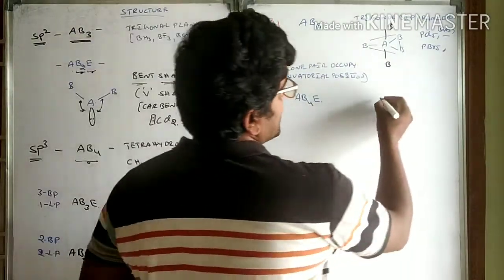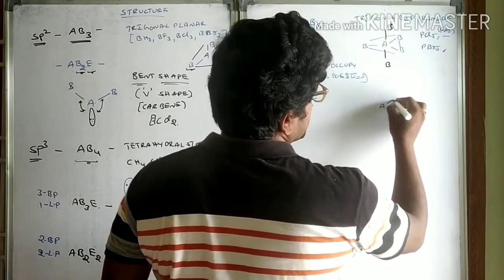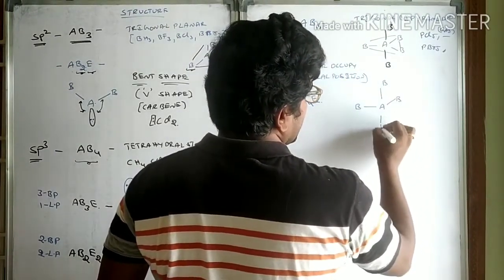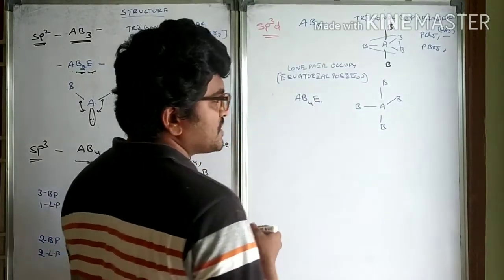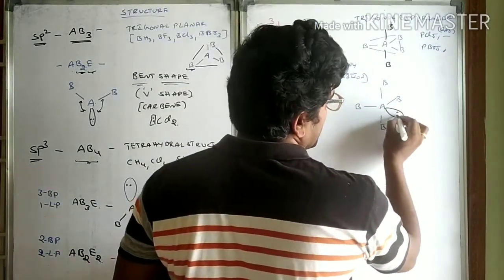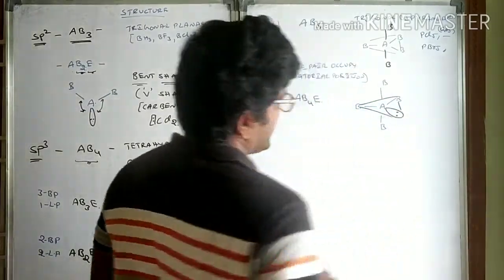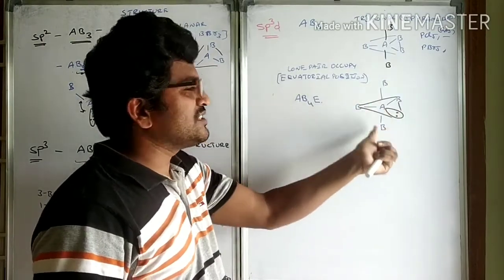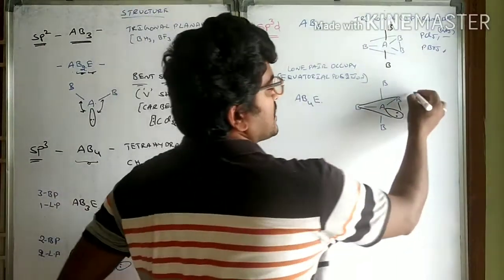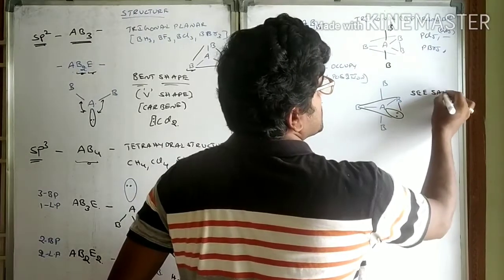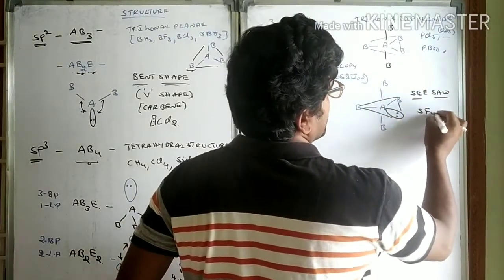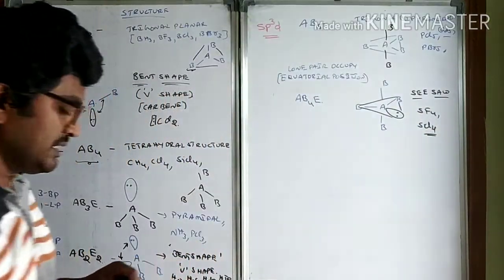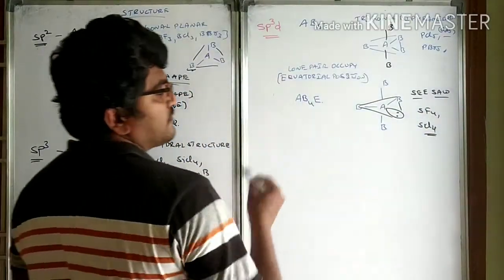So AB4E means A will be in the center, with B and B. If you observe this structure, here on the equatorial position, the lone pair is coming. Since the lone pair is on the equatorial position, the structure is not proper. So we call this structure a seesaw structure.